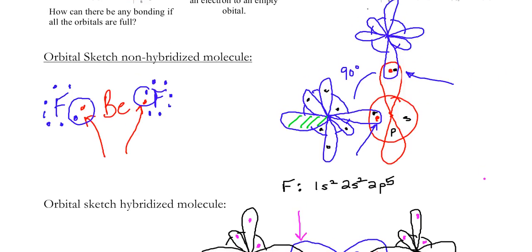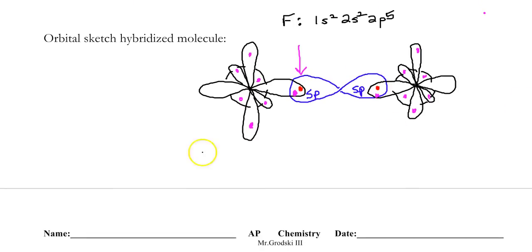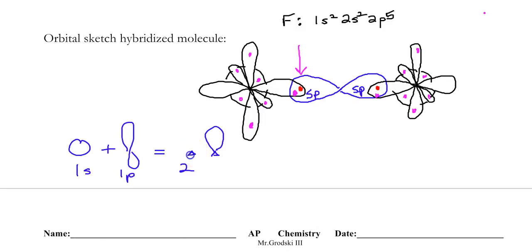So when we do the sketch of the hybridized molecule, having an s hybridized with a p, one s and one p gives us two orbitals: 2 orbitals in, 2 orbitals out. We get 2 sp orbitals.